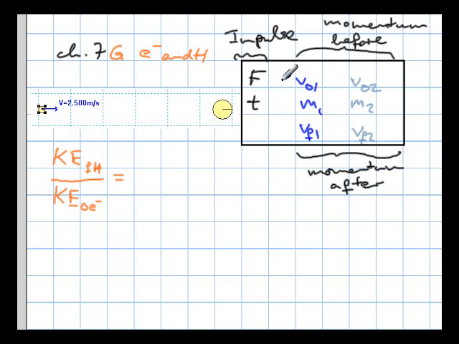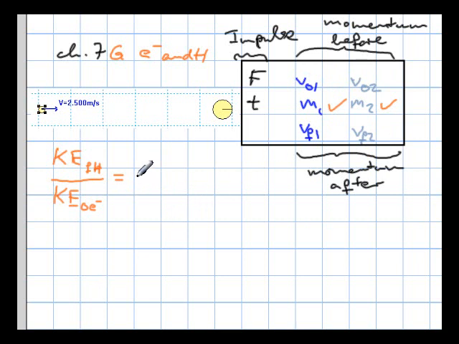So let's assume that we do know the mass of the electron. We can look it up in the back of the book. That also means that we know the mass of the proton, and they want to know the ratio of the kinetic energies. Overall, we may or may not need the original velocity or the final velocities.